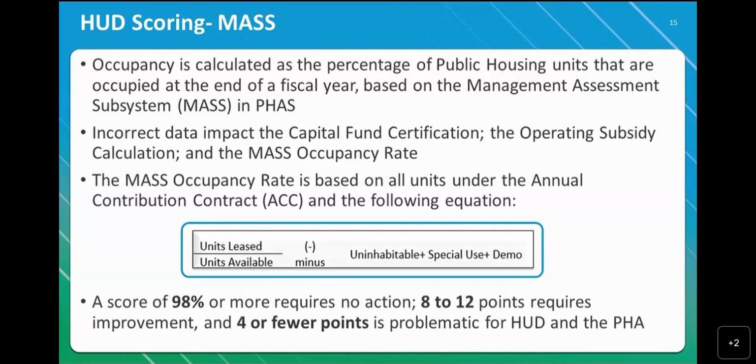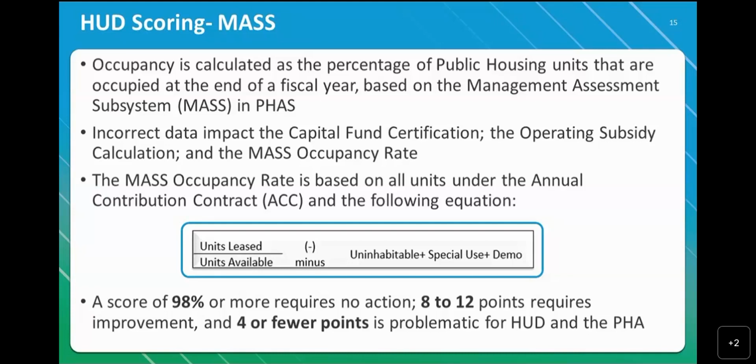Correct. Thank you, Helena, because Inspire is just going full force and those updates weren't done yet. On MASS scoring, the calculation is essentially focused on occupancy. And as we said before, wrong PIC data also leads to wrong operating subsidy and a wrong MASS occupancy rate.